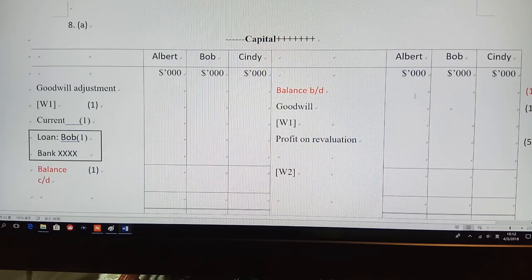Okay, and then for goodwill, we should adjust. We should return the goodwill to all these three partners in the ratio 3 to 2 to 1. Remember this, 3 to 2 to 1.